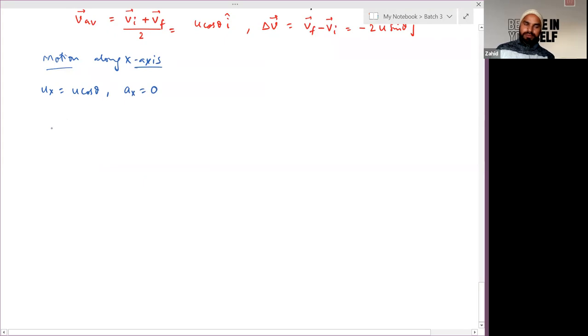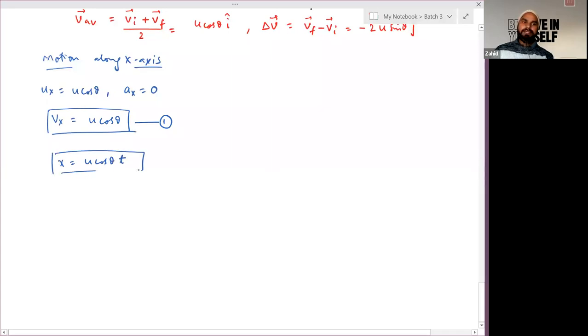So using these two terms, we may find final velocity along x-axis using first equation of motion as u cos theta. Let this term be equation first. Next is to find displacement. S is equal to ut plus half at square. So it will be u times cos theta into t, as acceleration along x-axis is 0.